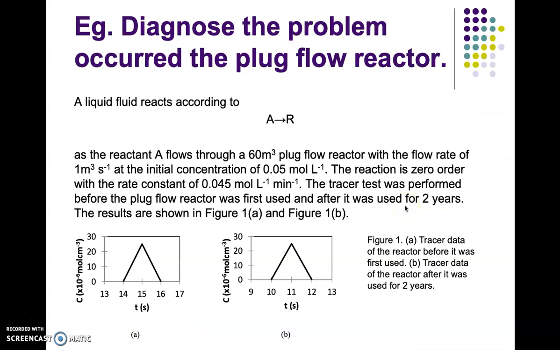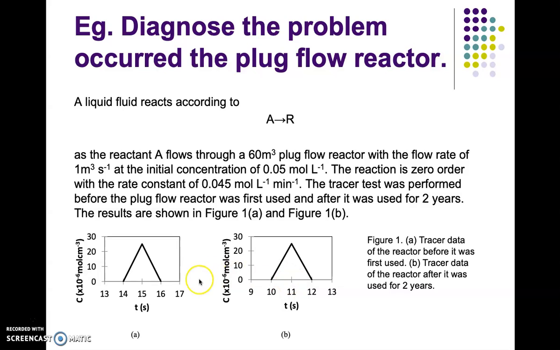This is the kind of question I want you to try, to diagnose the problem that occurred in the PFR. Given to you earlier is this C curve. After 2 years, when they plot the C curve, it will be something like this. You can see initially the residence time was maybe around 15, but after 2 years the residence time became smaller.